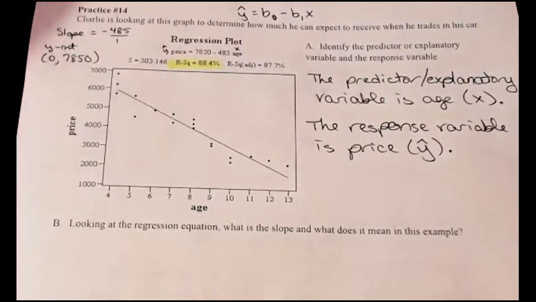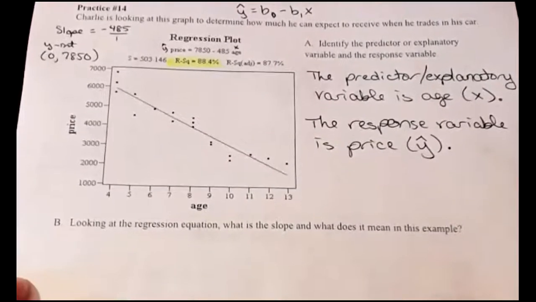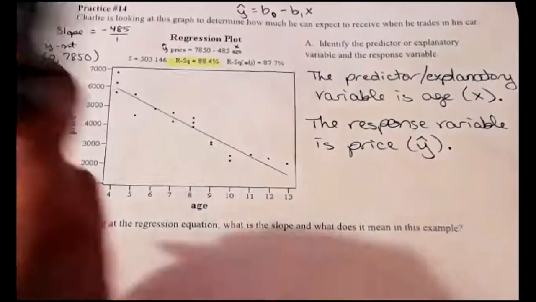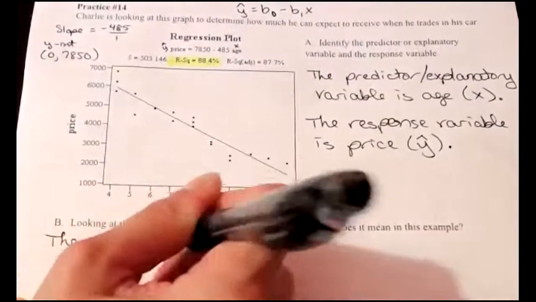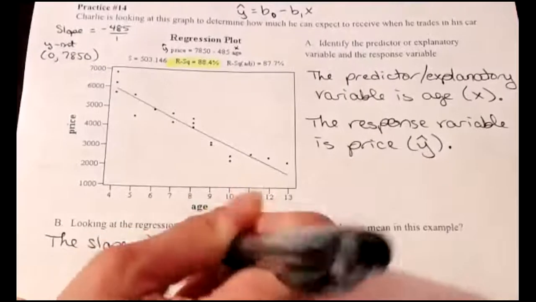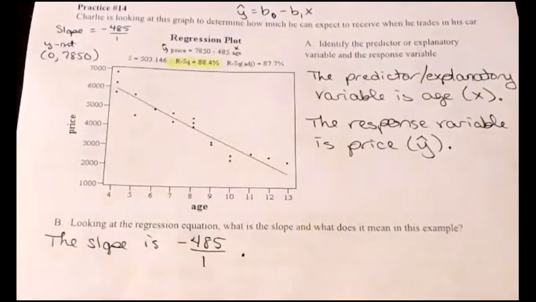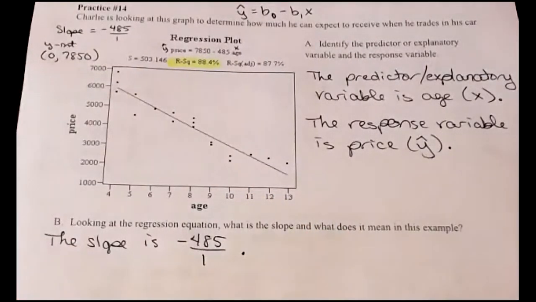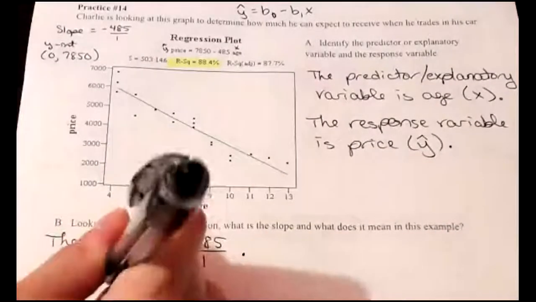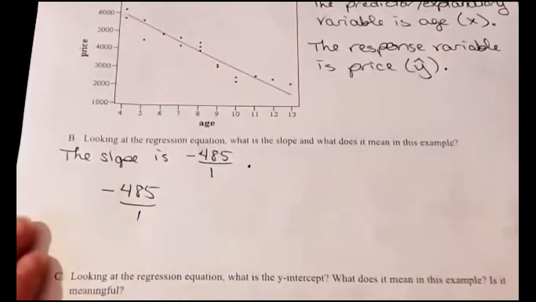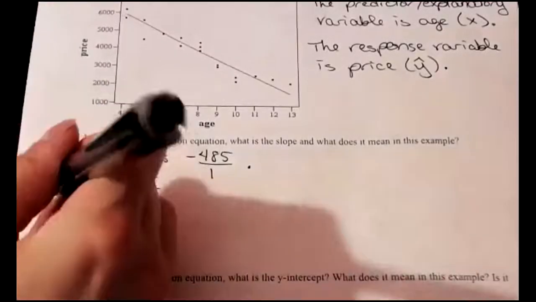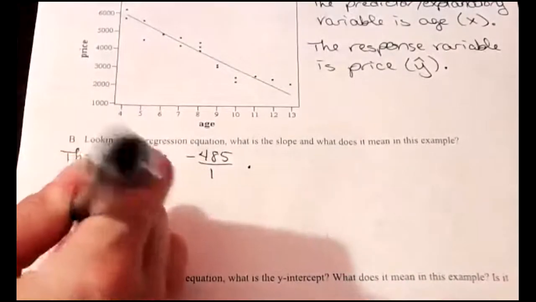Looking at the regression equation, what is the slope and what does it mean in this example? We know what the slope is, so I'm going to write out that the slope is negative 485 over 1. Remember that slope is the change in y over the change in x.